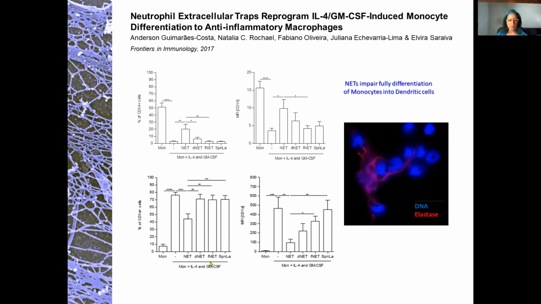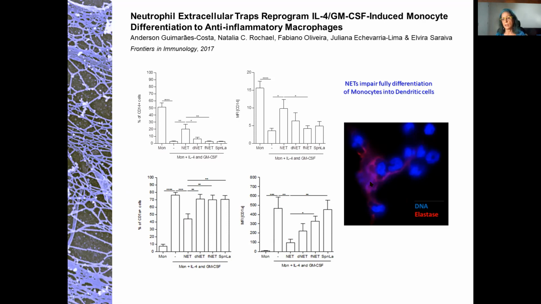And also there are not so many cells expressing CD1A, and the MFI is really low. And here you can see the monocytes in culture, and when you add the NETs, how they interact with these cells.